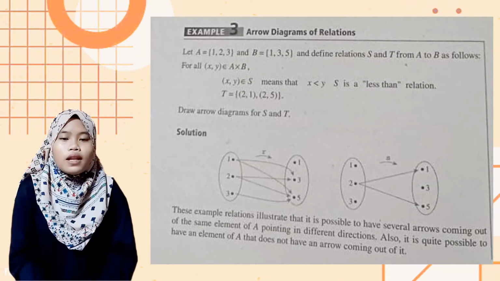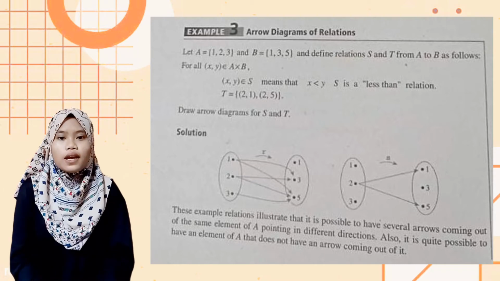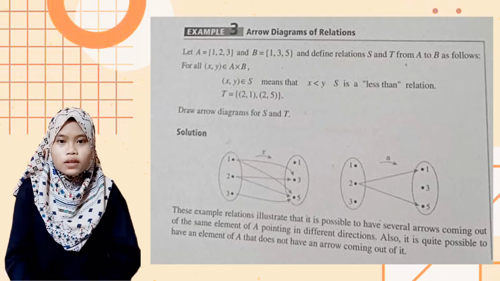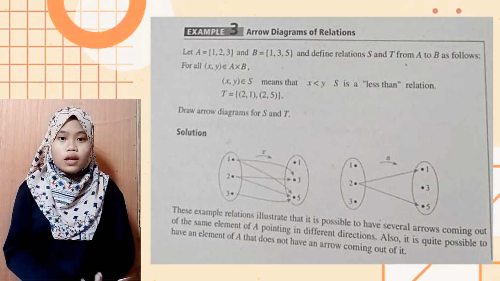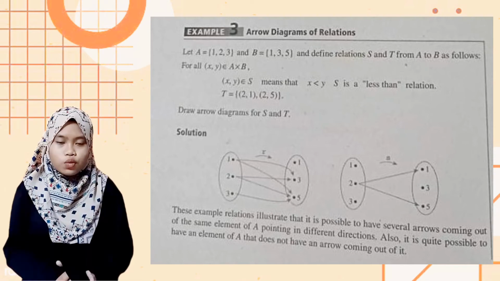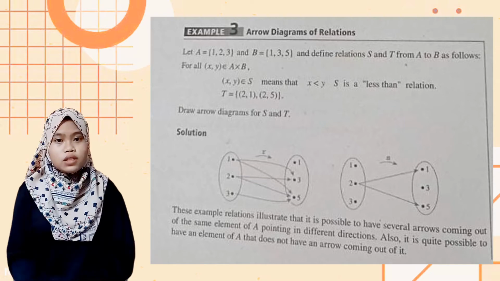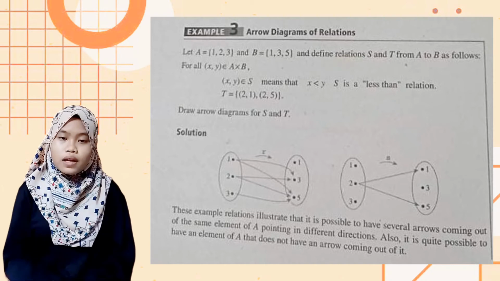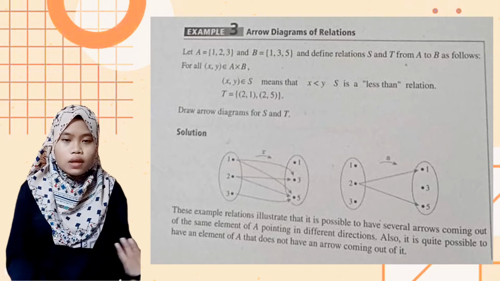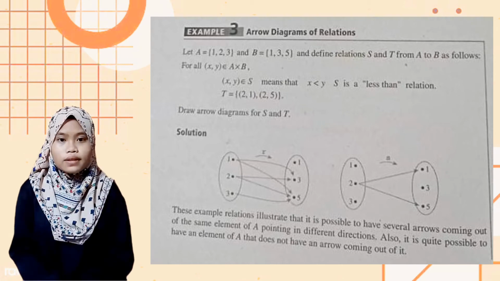Now, let A be the set {1, 2, 3} and B the set {1, 3, 5}, and define relations S and T from A to B as follows. For all ordered pairs (x, y) that are elements of A and B, (x, y) is an element of relation S means that x is less than y. And relation T is the set of ordered pairs (2, 1) and (2, 5).